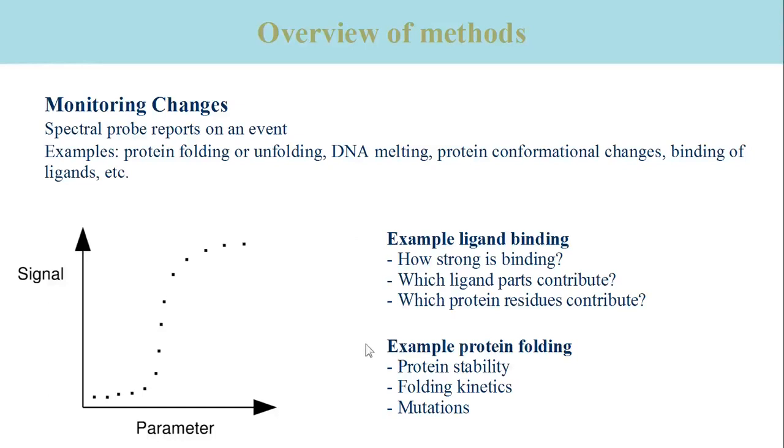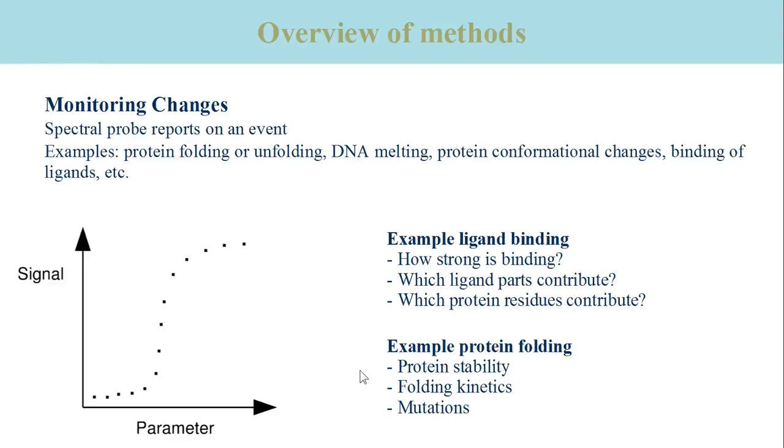Another example is protein folding. We assume that a reporter group has a different signal when the protein is folded than when it is unfolded. Thermal stability of the protein under a variety of conditions can then be probed by determining the temperature at which it unfolds.